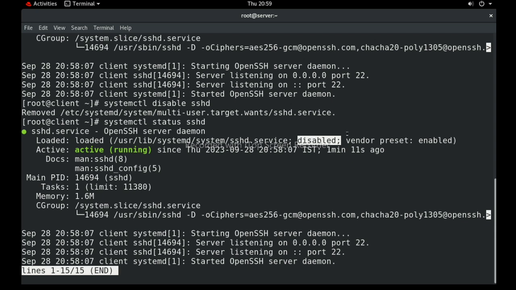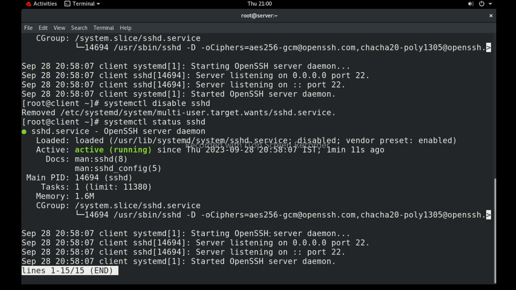You can also notice that the vendor preset value has been set to enabled. The vendor preset value is the value that is set by default, or otherwise the default value which is set by the vendor. So some services would have the value disabled and some would have enabled.